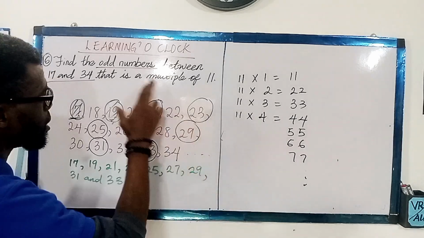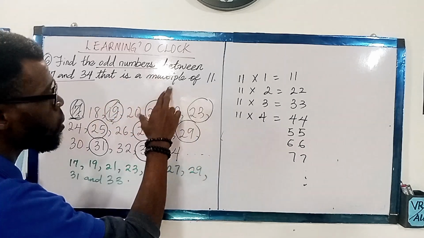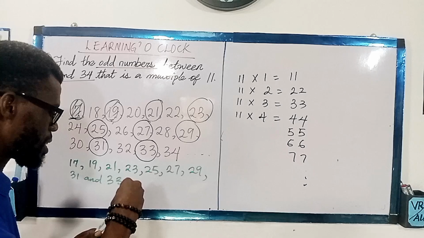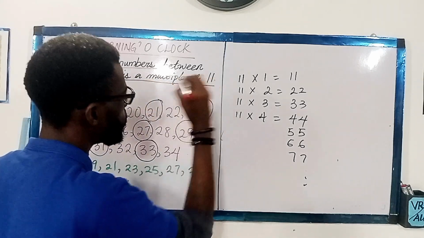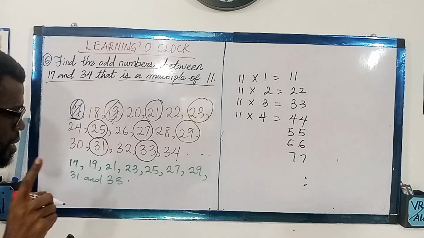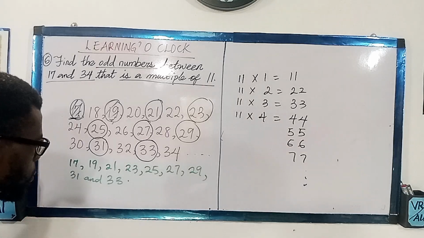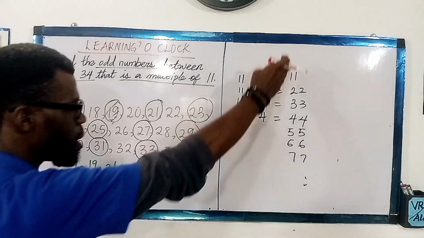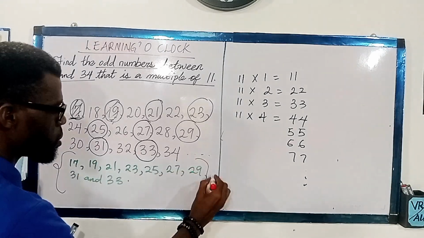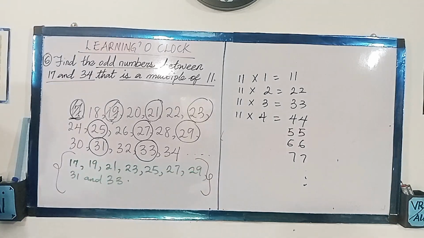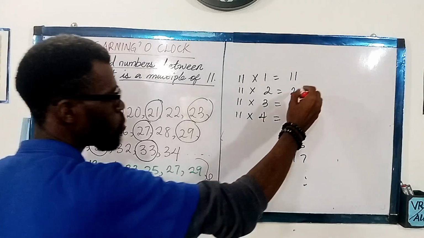So we look at this. That is a multiple of 11, I need to highlight that. Let's look at all the multiples of 11. Can we find them here?